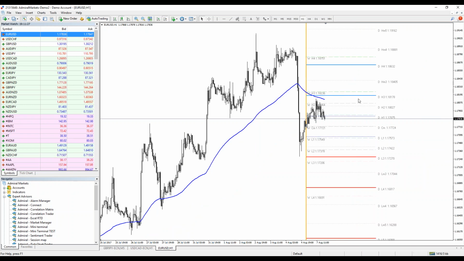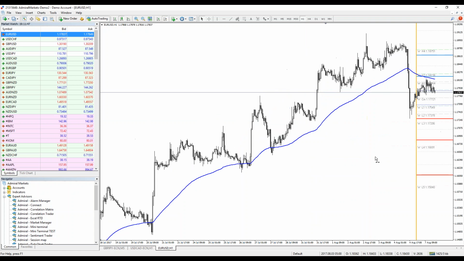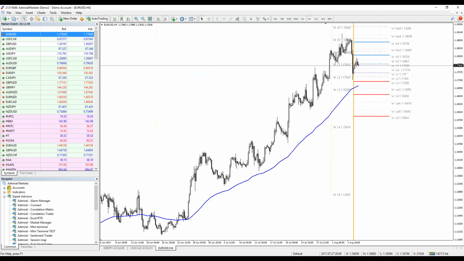But the main thing here is how price again respected these pivot points. First you see weekly L3. This is weekly L3. Now this is weekly H3. It came very close to weekly H3 today and started to reject. So if you take a look at this chart, and if you go to higher time frame, this is still uptrend, guys.